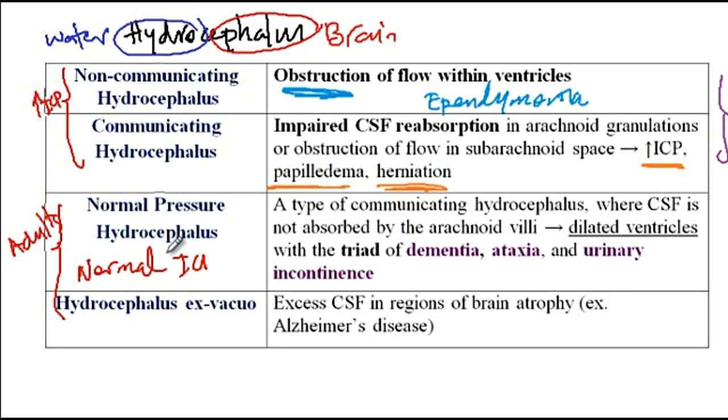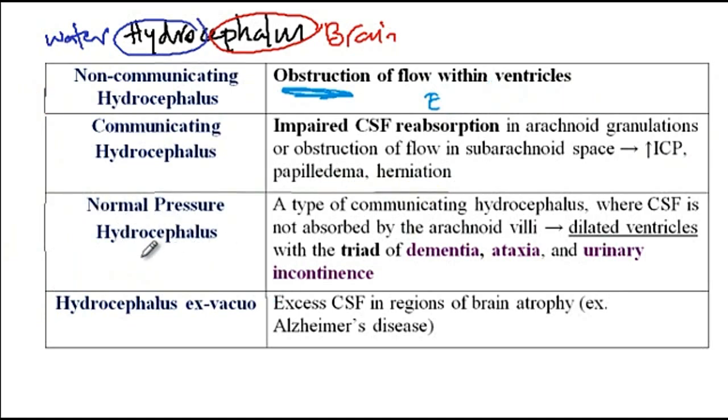With normal pressure hydrocephalus, its exact etiology is not known. It's thought that it may be a kind of communicating hydrocephalus where the cerebrospinal fluid is not absorbed, and so it will cause dilation of the ventricles. And since it's disrupting the fibers of the corona radiata, these patients present with dementia, ataxia, and urinary incontinence.